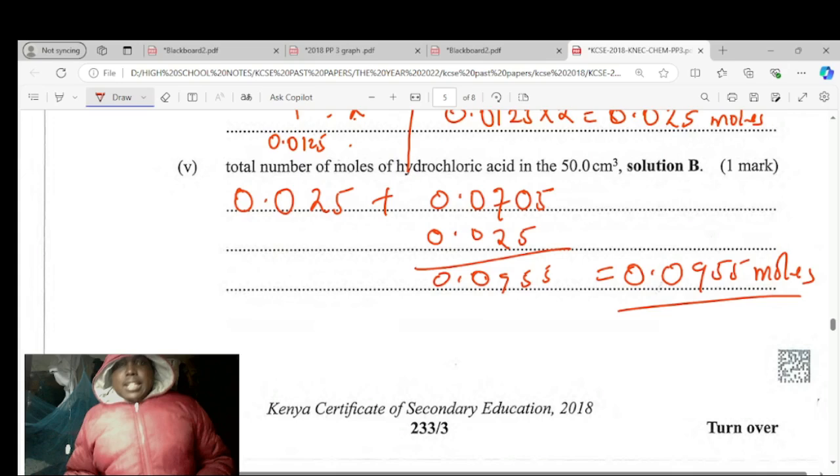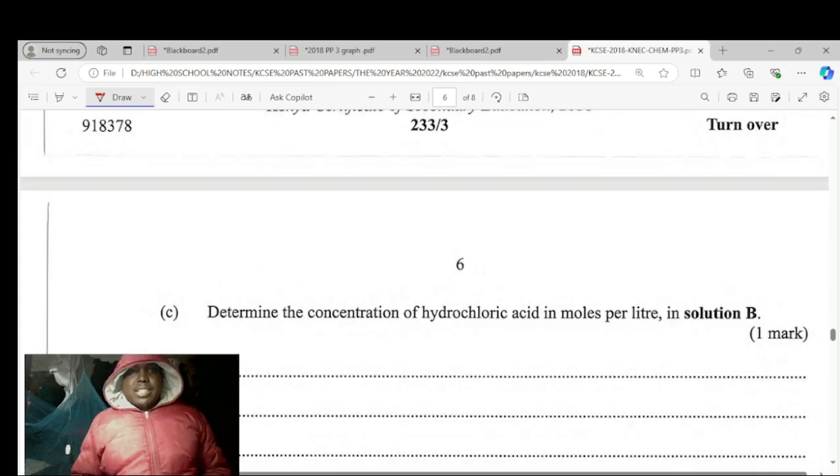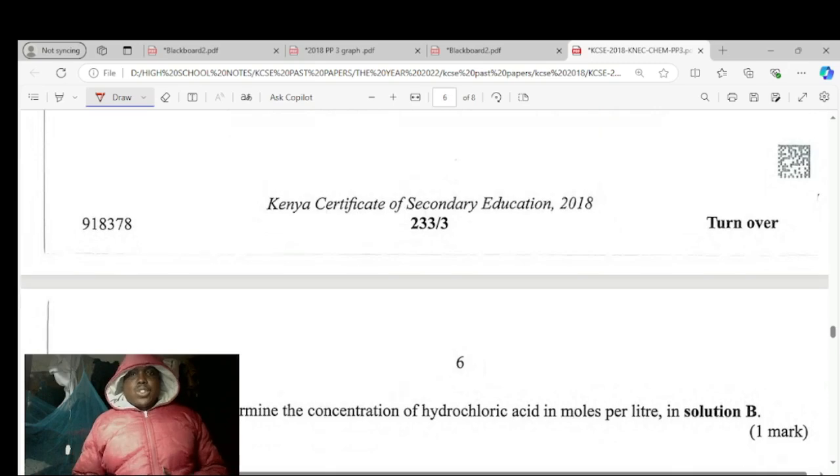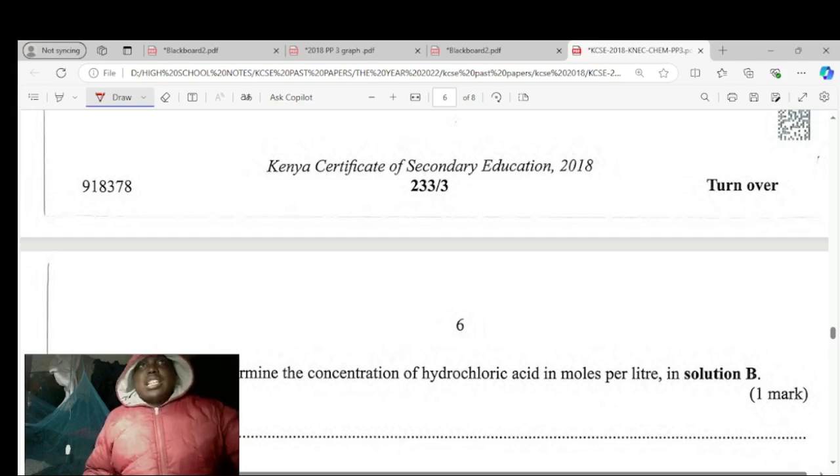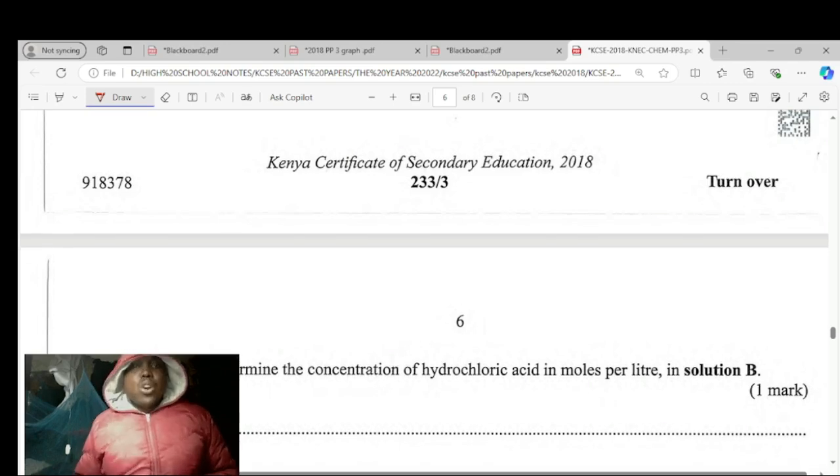Very nice. Next thing is to determine the concentration of hydrochloric acid in moles per liter. That is simple. We started with 250, and we were told to put 50 centimeters cube of HCl.